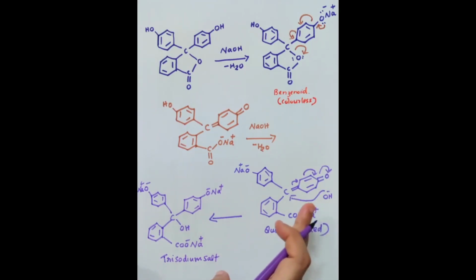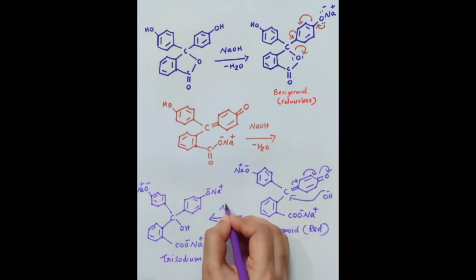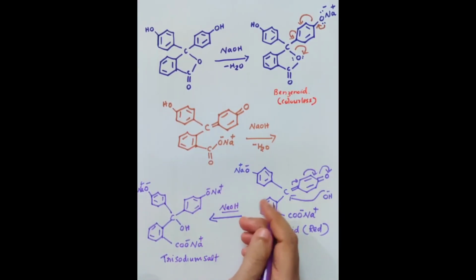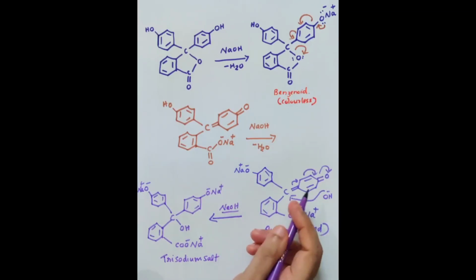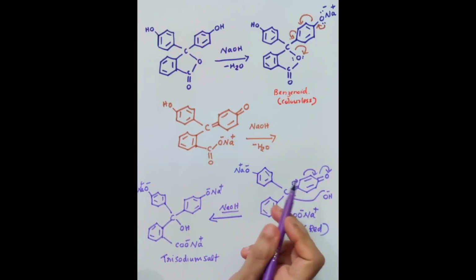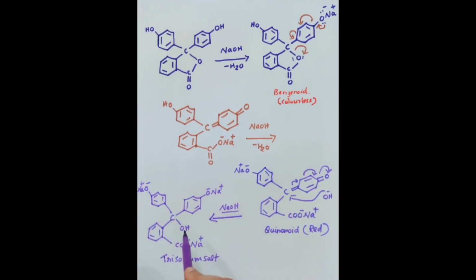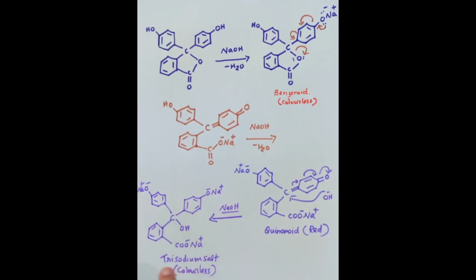This quinonoid structure is destroyed when we add an excess amount of NaOH, and we get this colorless structure. The formation of the trisodium salt due to the addition of excess NaOH results in the colorless solution.